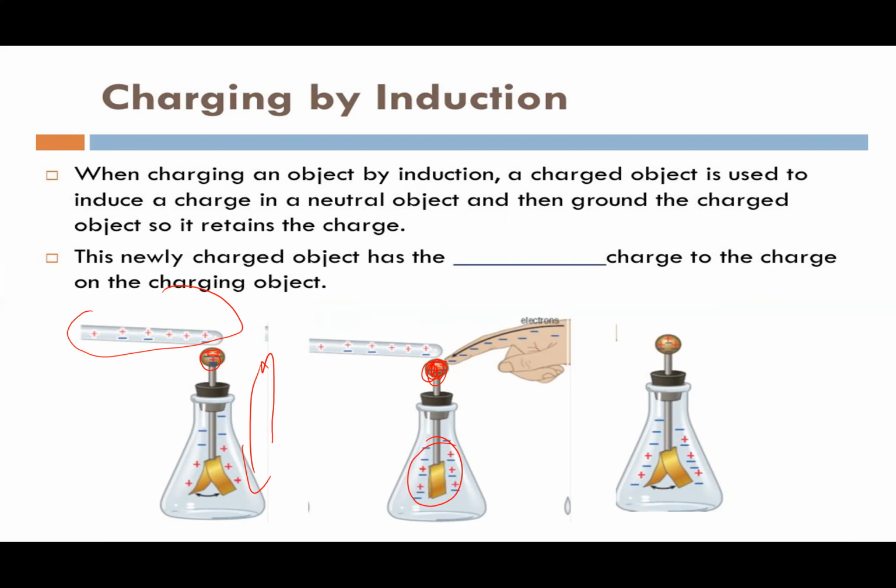If you touch it with a hand, or with a wire to the earth, negative charges will transfer to your hand, and here positive charges will be left. So inside this glass jar, positive charges are created, and on the glass jar opposite charges will be created.